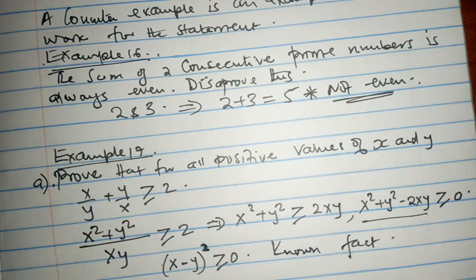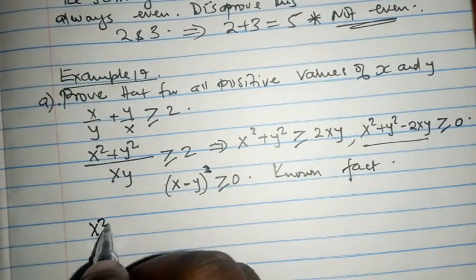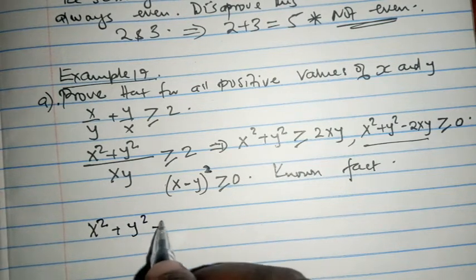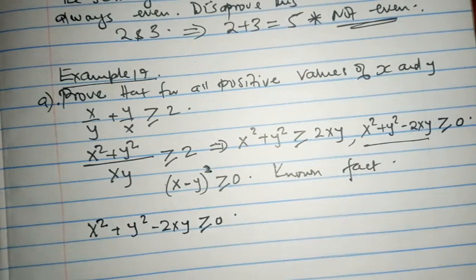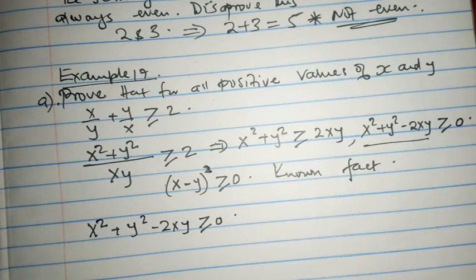And what are we simply saying? That if we have x squared plus y squared minus 2xy greater than or equal to 0, we realize that we can divide everything by xy.